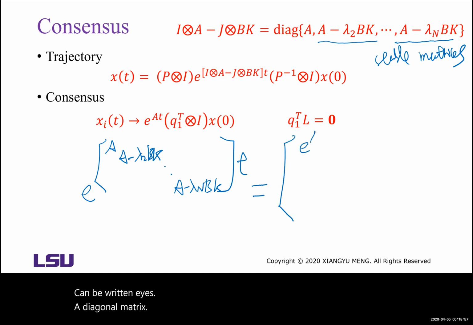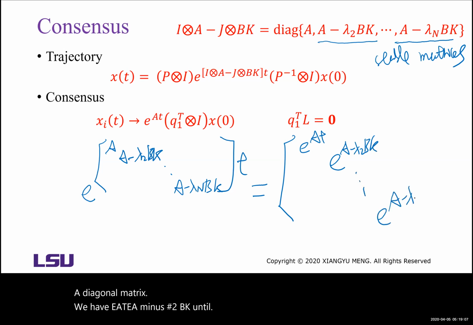We have e^(At), then e^((A minus lambda 2 BK)t) until the exponential of (A minus lambda n BK)t.